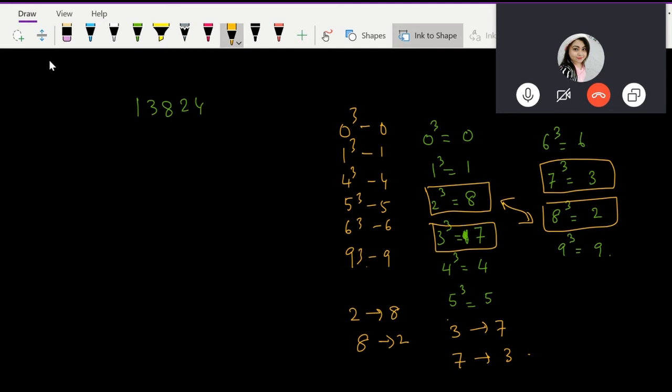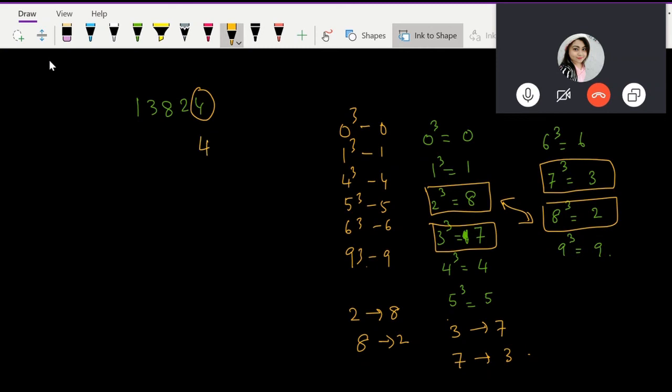Why did I do this? Because I will look at the last digit and decide the last digit of the answer. The last digit is 4 here. What would be the last digit of the root? It will be 4 for sure.